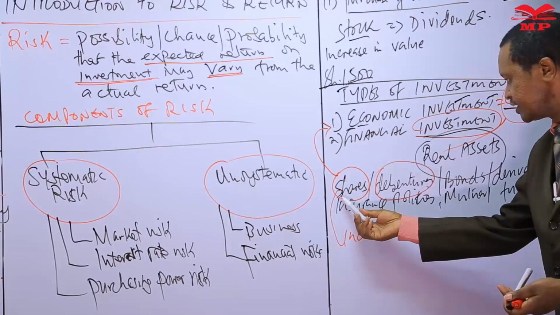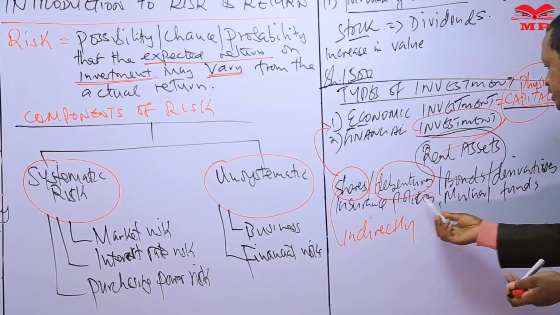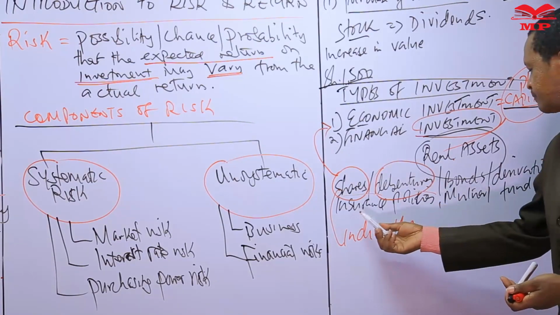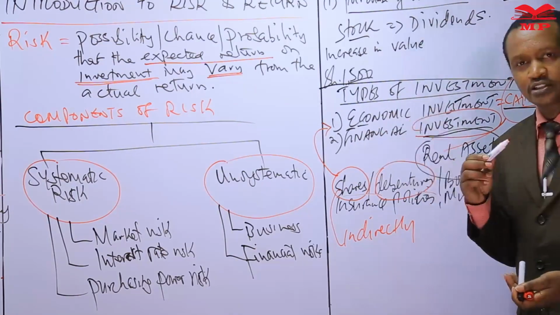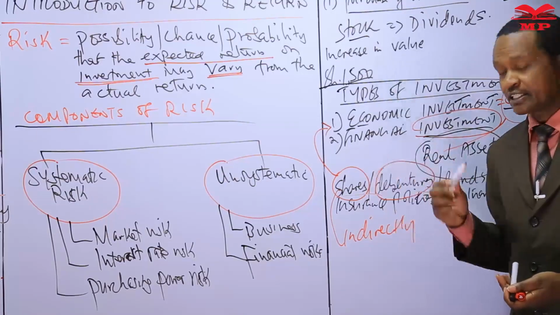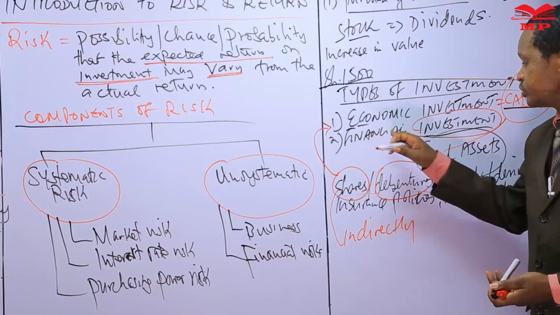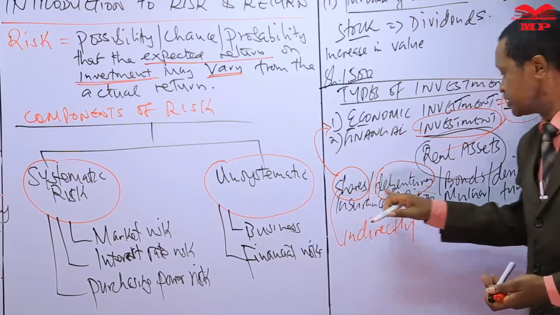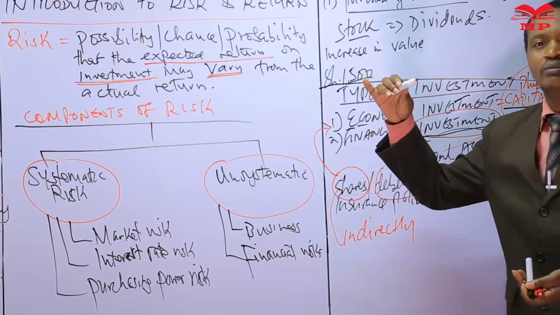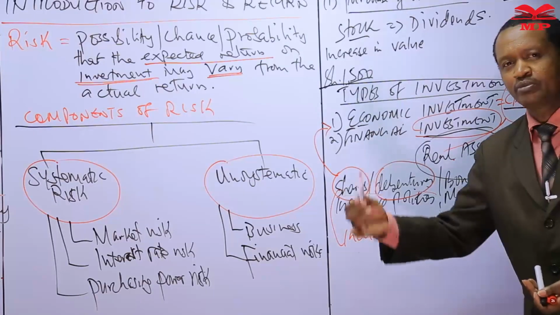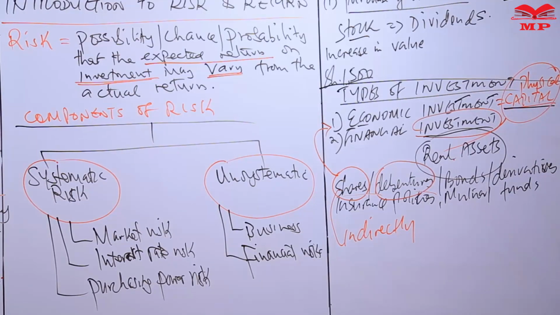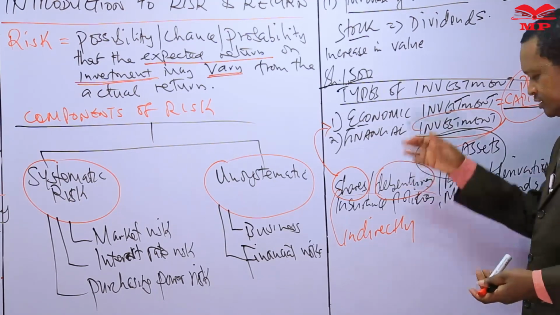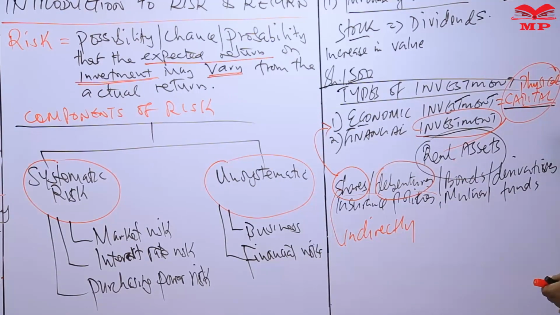Because the purpose of issuing shares, the purpose of issuing bonds, the purpose of issuing these insurance policies is so that the borrowers, the debtors, will be able to use the funds raised on shares, debentures, and so on to buy the physical assets that will help in the production of other goods and services. So these are generally categories of investment.